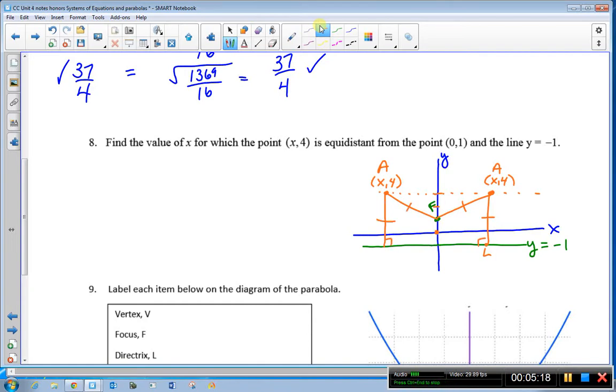So you can kind of figure out the distance here because it's up 4 and then you have this additional piece, so this is 5. So that's nice. So I know then that AL is 5 equals AF. So for AF, I'm going to be looking at 0, 1, the focus, and (x, 4).